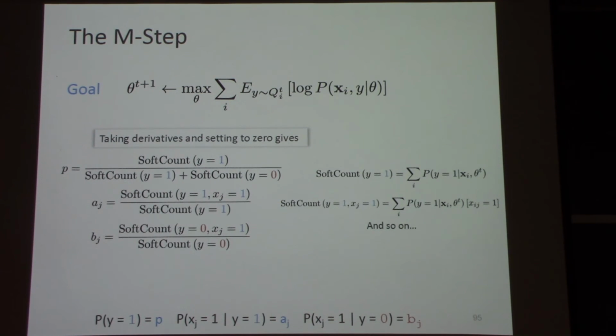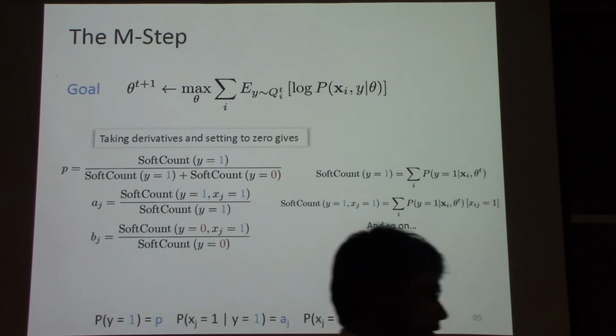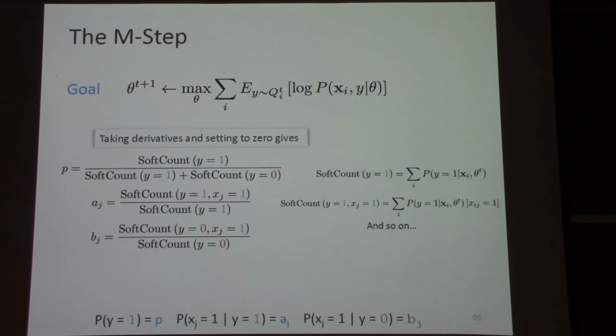It turns out, just like we had for naive Bayes in the fully supervised setting, in the unsupervised setting the EM algorithm gives us the following estimate of probabilities after the M step. In the original version of naive Bayes, P, the prior, was how many times 1 was seen divided by how many examples there were.